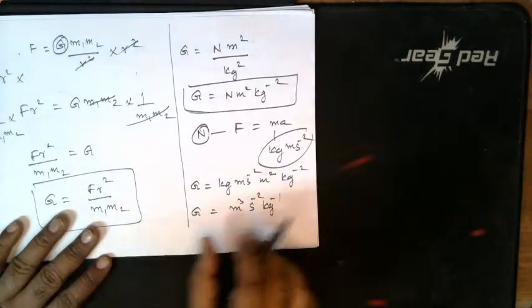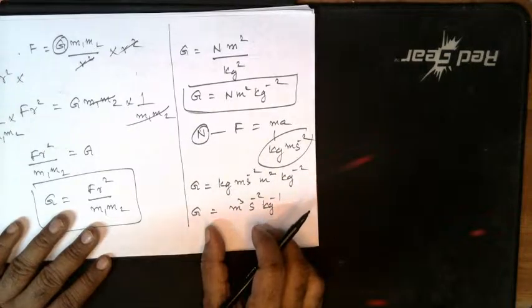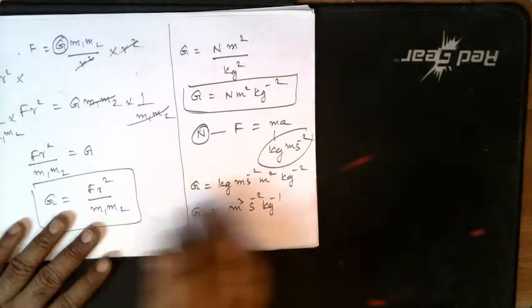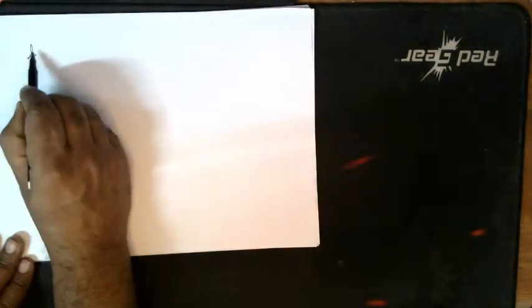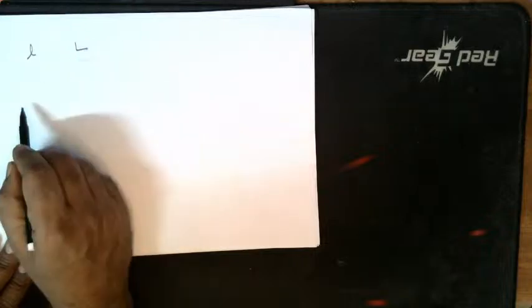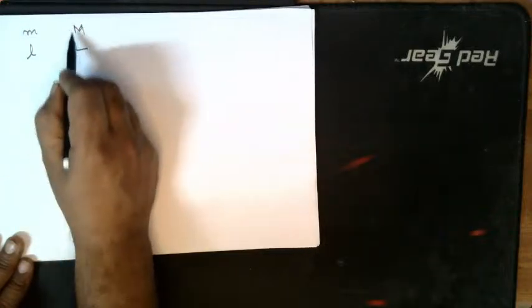Why have I derived this? Because it will be useful for you to get the dimensional formula also. I will let you know what the dimensional formula is. For example, if it is a length parameter, you can put L. If it is a mass, you can put capital M. These are all the dimensions.